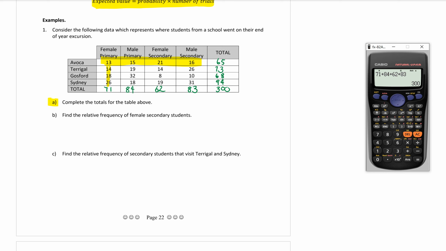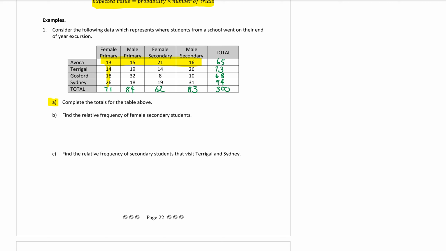Okay, so then part B says, find the relative frequency of female secondary students. So how many female secondary students are there out of a total? So female secondary students, there is 62 out of a total of 300.